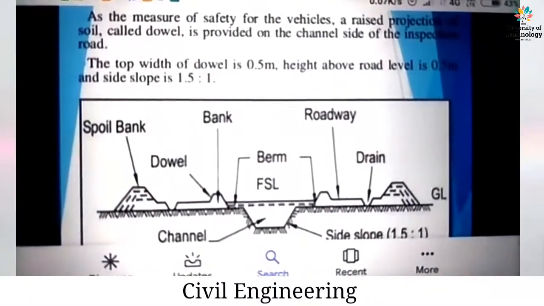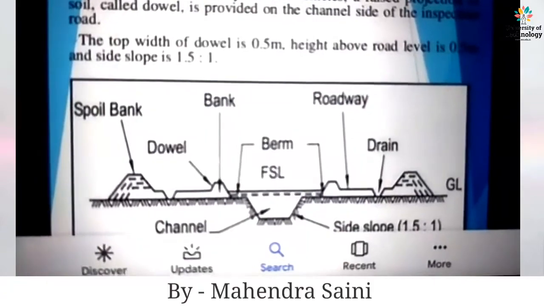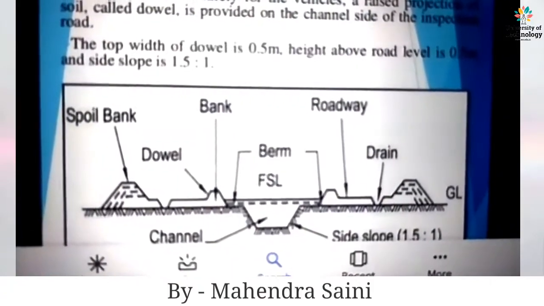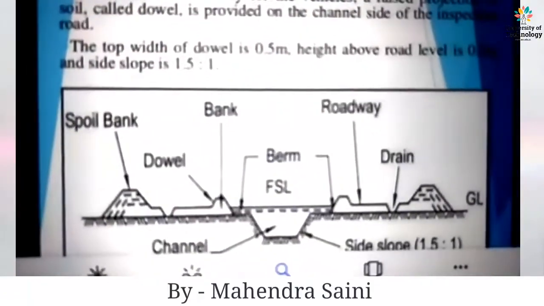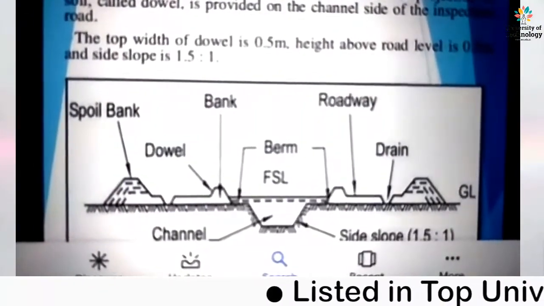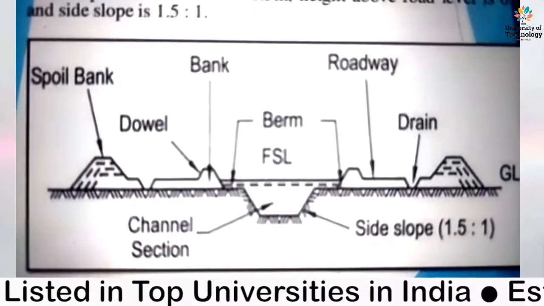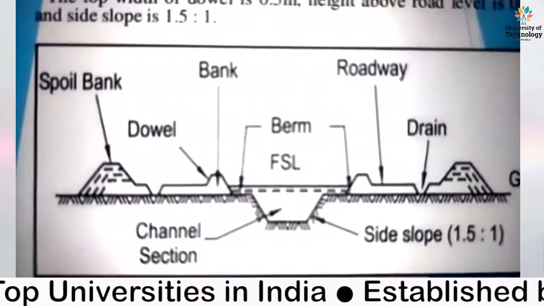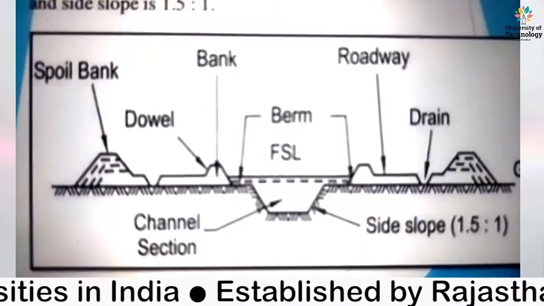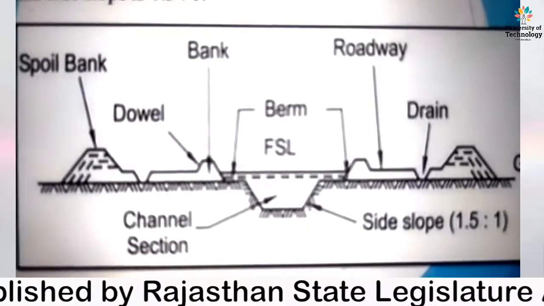I would like to teach you today an important topic of water resources engineering: the terms used in a canal, or we can say components of a canal. As in the last lecture, we have studied the term berm.